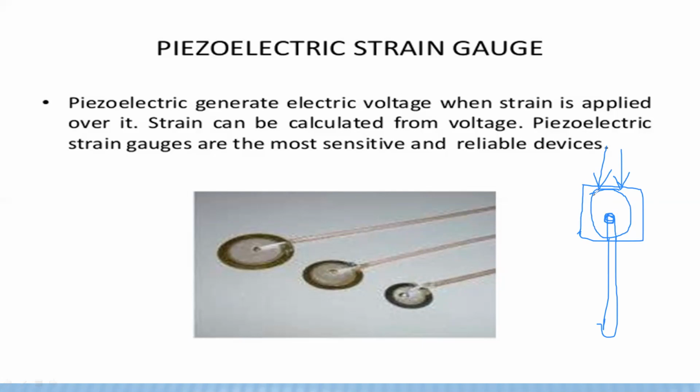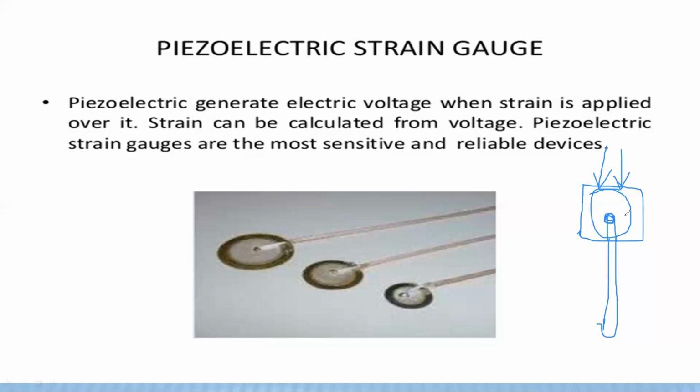In that varied length, the change in length is calculated as resistance. From that resistance, we can also calculate the voltage, how much voltage is developed in this object, and how much strain is applied on that object. We can calculate it by using this device.